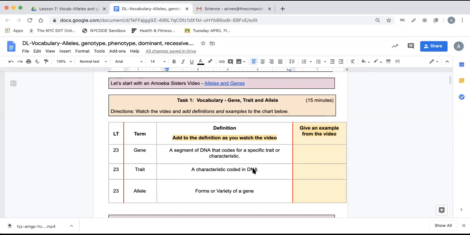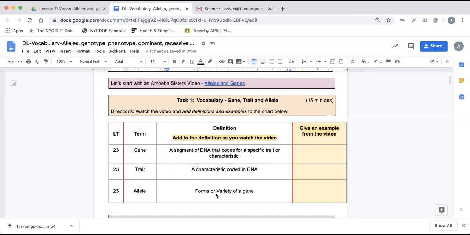A trait would be something like your eye color or your hair color or the texture of your hair, whether it's curly or straight or wavy. And an allele is a form or variety of a gene. You'll see examples in the video, but if we're talking about your hair, one allele might be curly hair, one might be straight hair, one might be wavy.